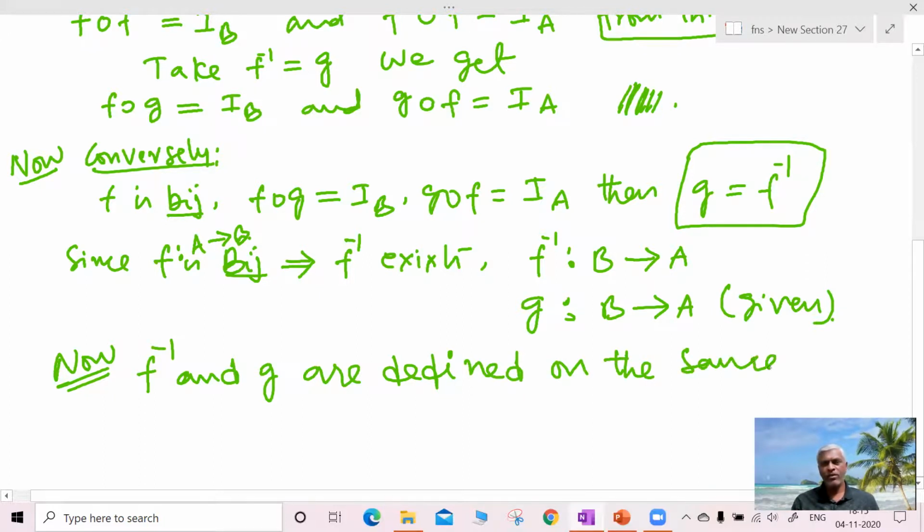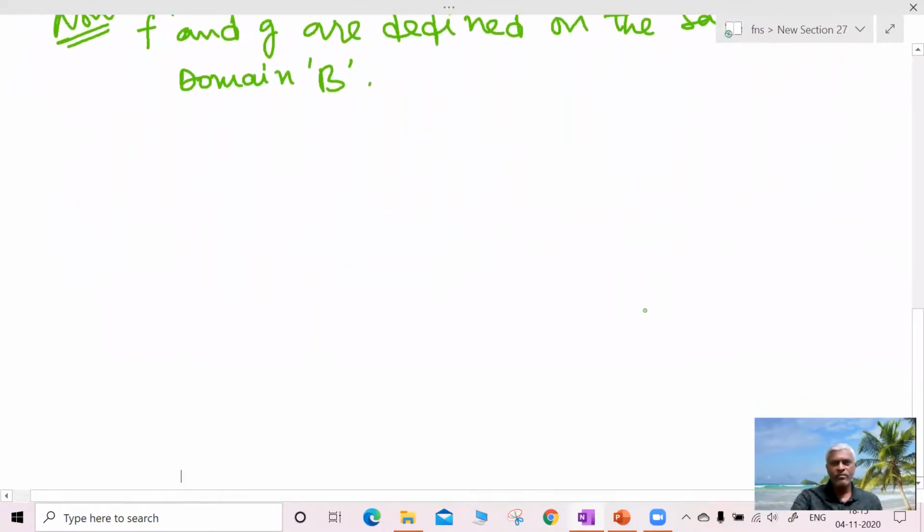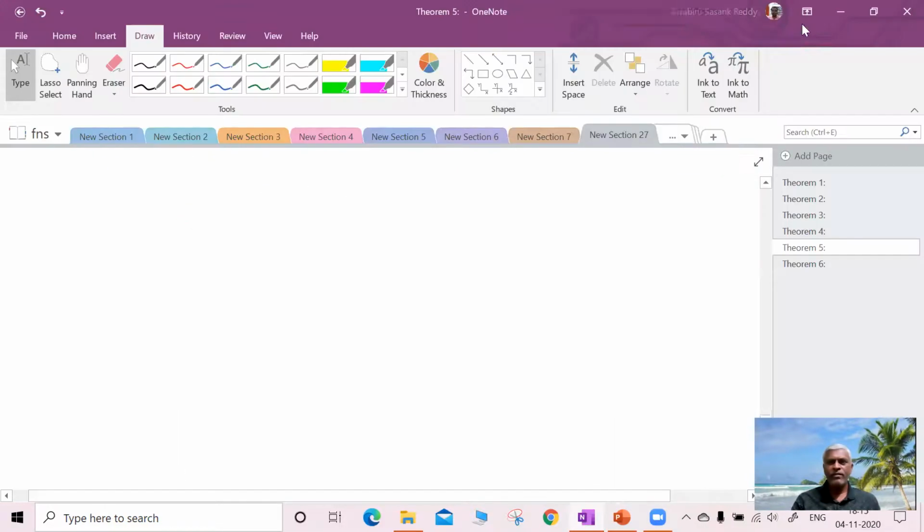So the domain is equal for both. We have to prove the range. The domain is equal and we have to prove its range.